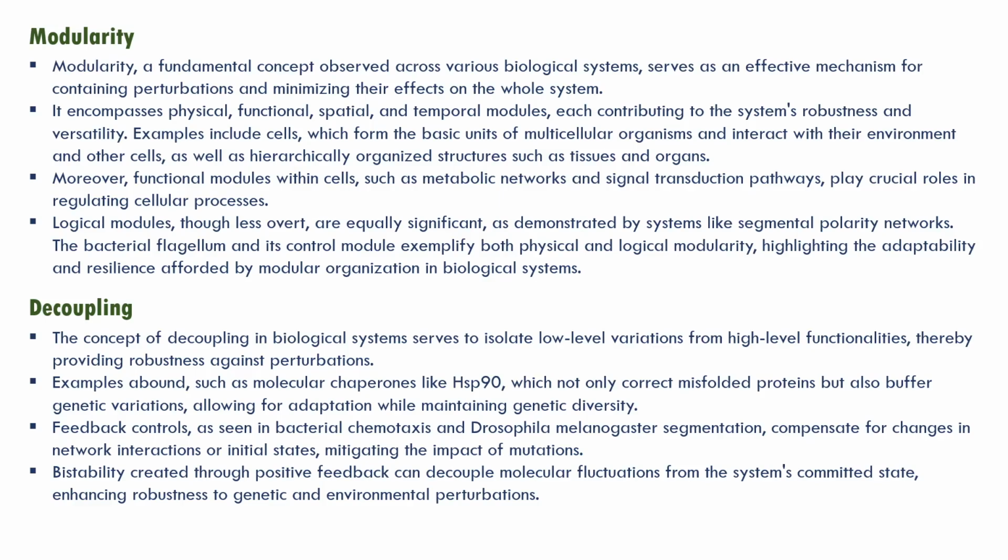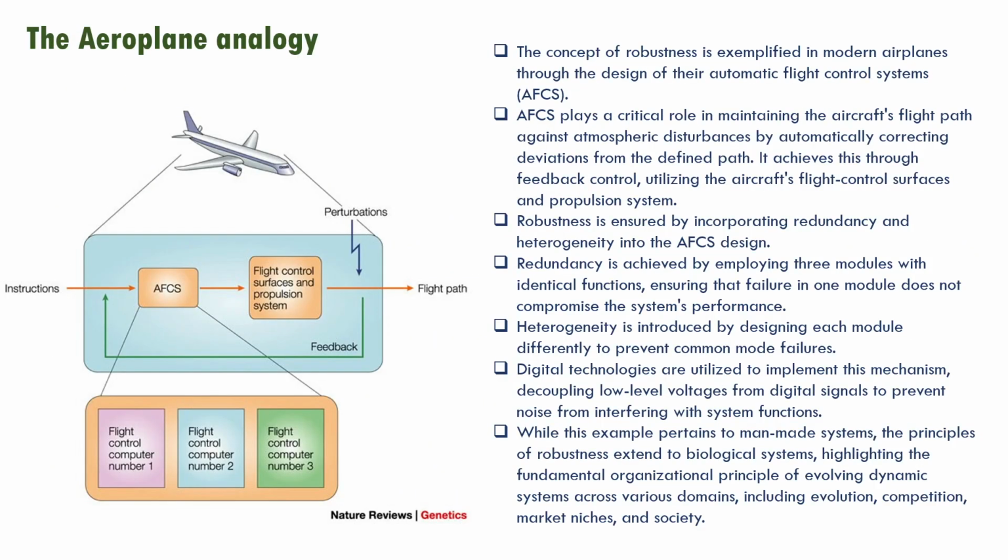Okay. So to wrap this whole thing up, this is a very good analogy to understand what robustness is. Modern day flights are designed with automatic controllers within the flight, known as automatic flight control systems, or AFCS.